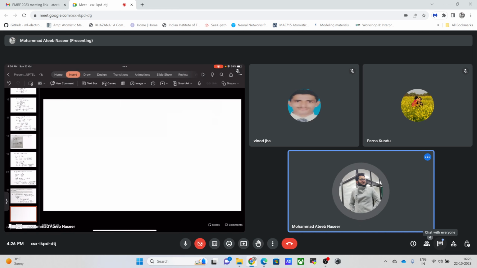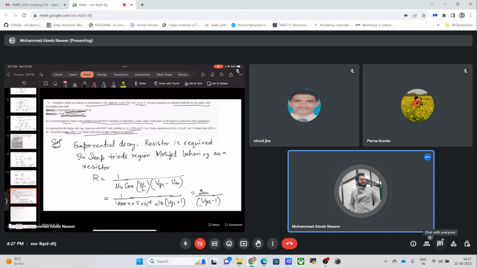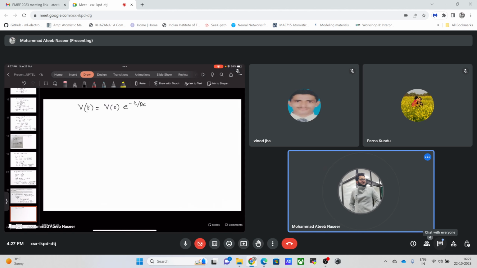Now we know that the discharge in the capacitor with time will simply be e to the power of minus t by tau, where tau is RC, the time constant, given by the values of R and C. V0 was 3 volts, and V final is 1 volt.